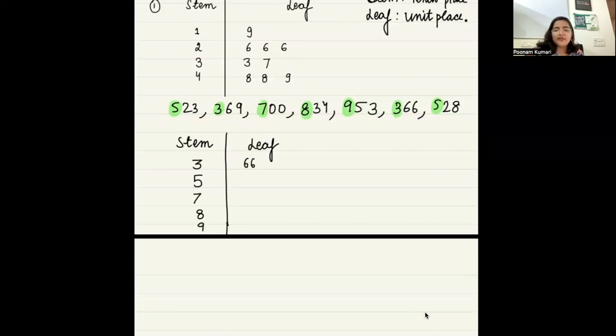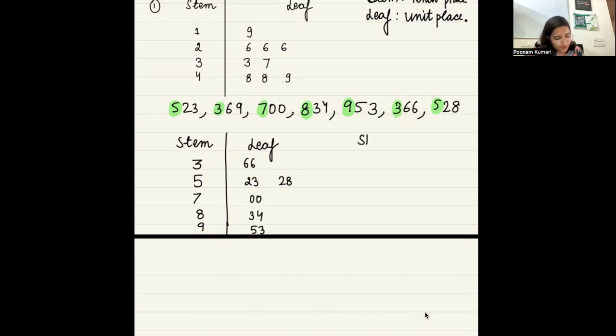In front of 5, we have 28 and 23. So what you will do is 23 and 28, right? What else is there? In front of 7, we have 0, 0. And then in front of 8, we have 34. And then 9, we have 53, right? Yes or no? Yes, ma'am.